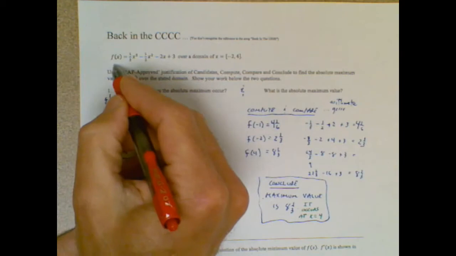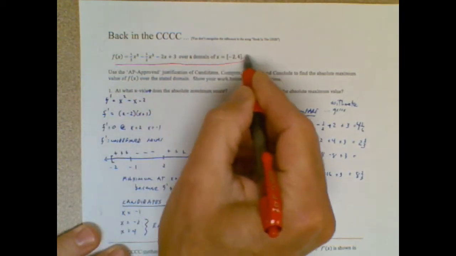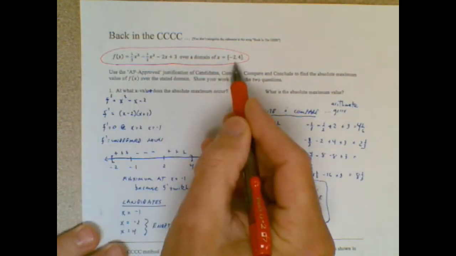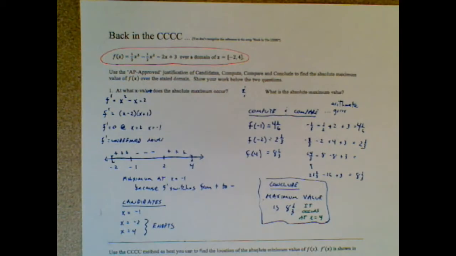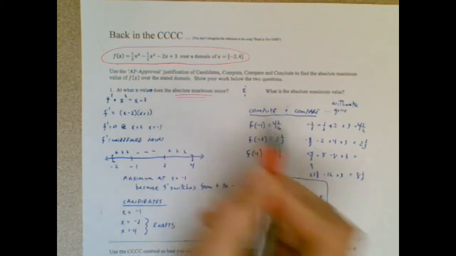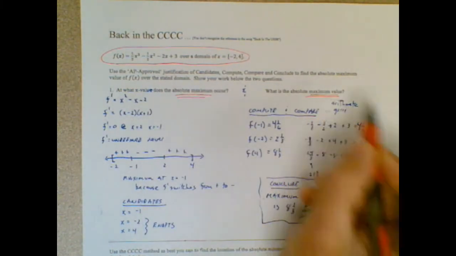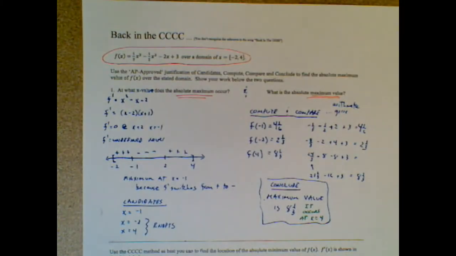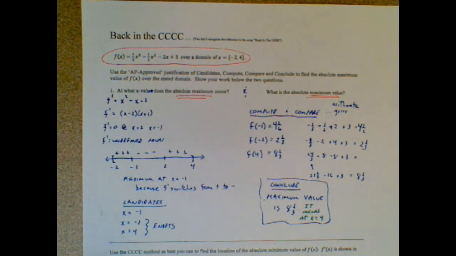So what I have here is a pretty curvy function over a restricted domain, and I want to find out what is the absolute maximum value. In other words, what's the highest y value that this equation will ever achieve over that interval?